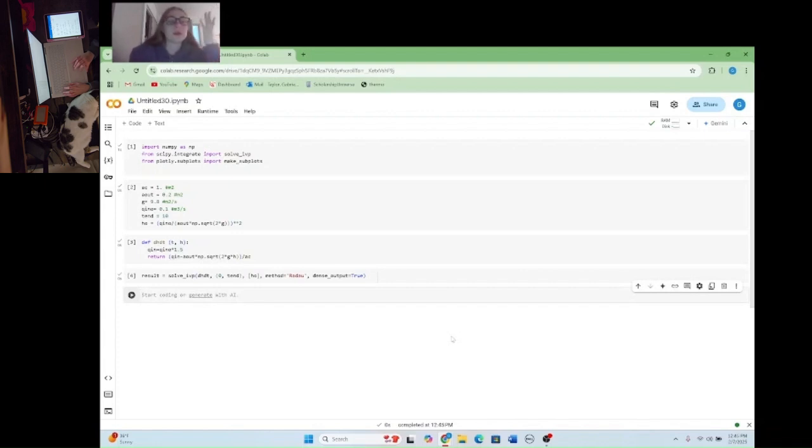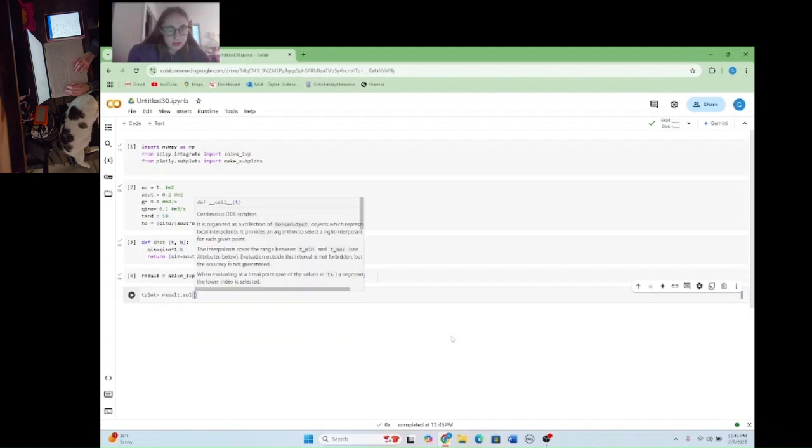Okay, so now we want to start making our plot. The first thing that we want to do is our t-plot. T-plot equals, so we want to do a line space, right? So I think we do the result dot solve. Nope, that's for our h-plot.